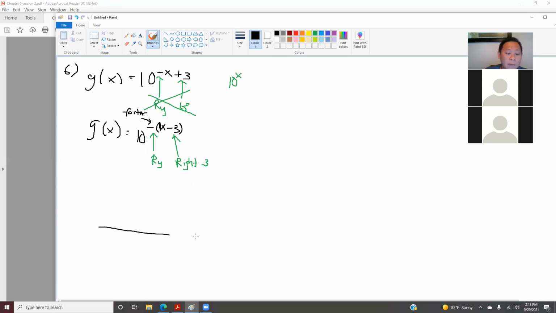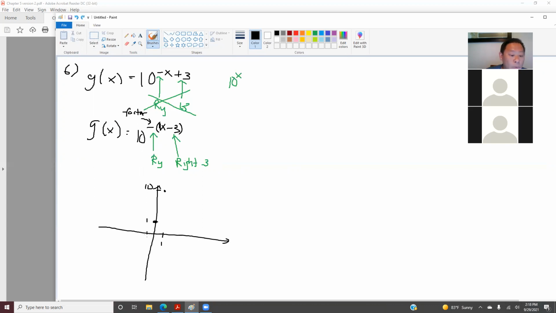How do we draw the graph in this case? Draw the basic graph, which is 10^x. 10^x will cross at (0, 1). If you plug in x equals 1, this will be at 10. This graph is getting very close to your y-axis.